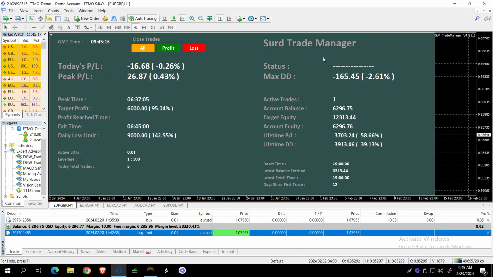What this sub trade manager does is it monitors all the trades that are being opened. Then it makes a decision either to close those trades at a particular time, or to close them when they hit a particular profit, or close them when they hit a particular loss. I don't know if you get the idea.